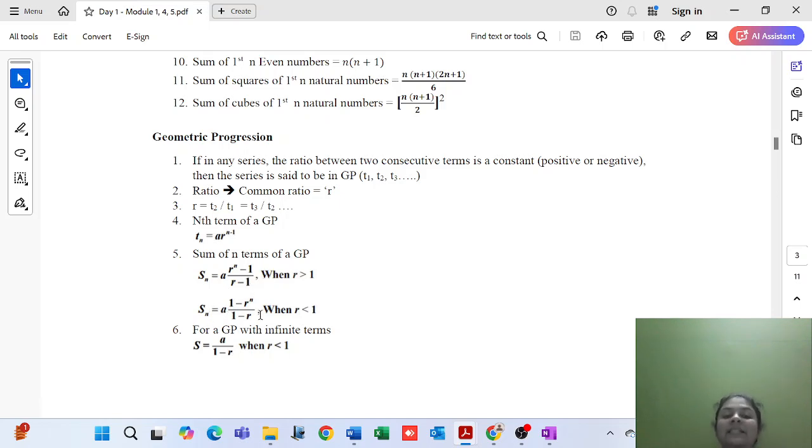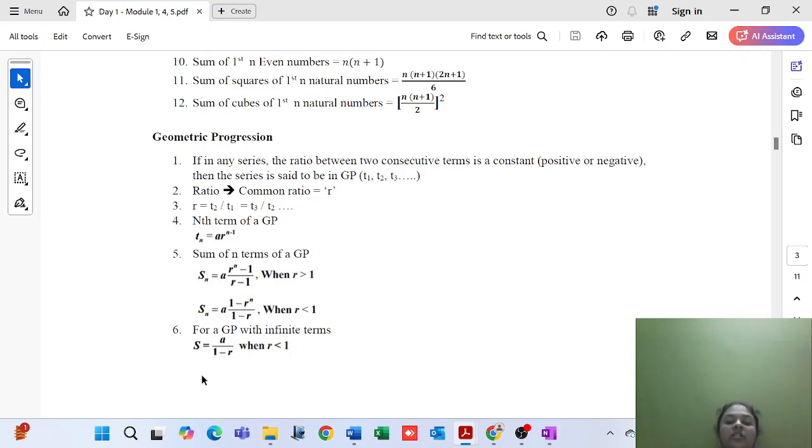Whereas if R is less than 1, it can even be negative, then it is A into 1 minus R power n divided by 1 minus R. R greater than 1: R power n minus 1 divided by R minus 1. Else it is 1 minus R power n divided by 1 minus R. What is this formula for? This is for the sum of n terms of a GP.